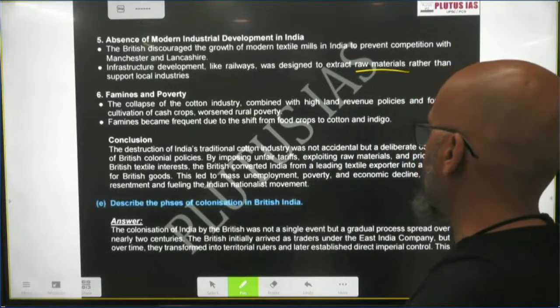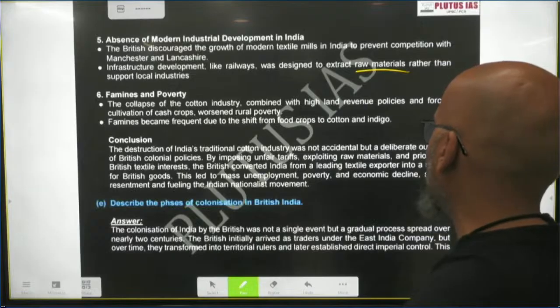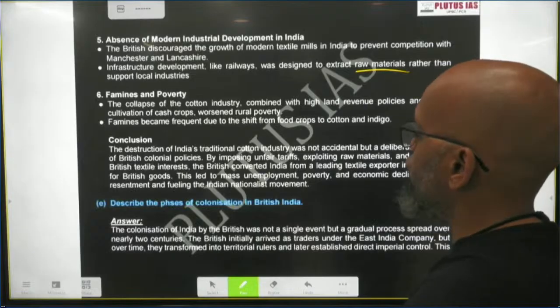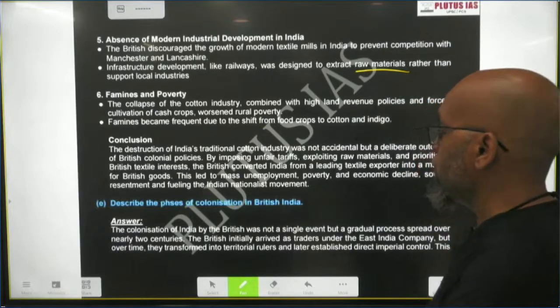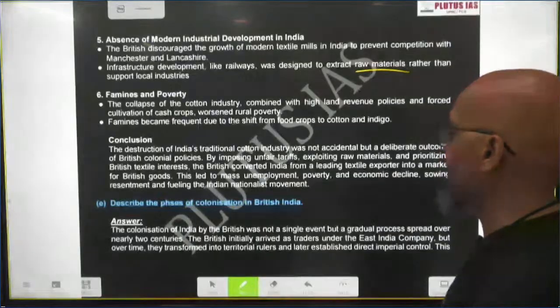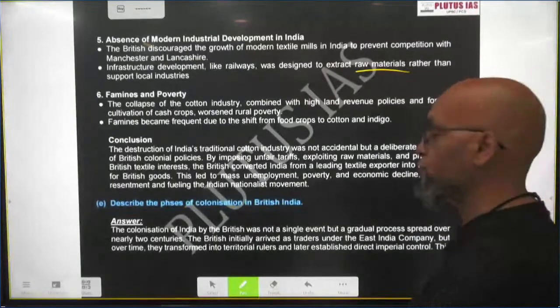The British converted India from a leading textile exporter into a market for British goods. This led to mass unemployment, poverty, and economic decline, sowing resentment and fueling the Indian nationalist movement.